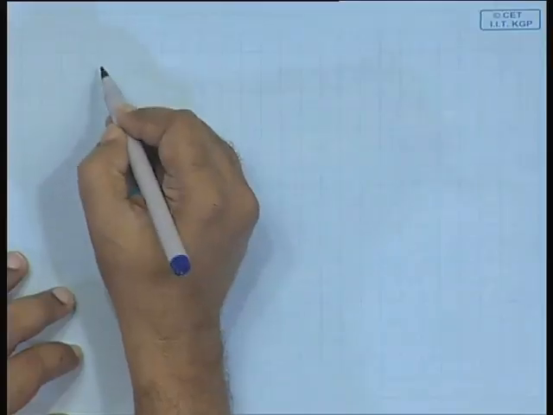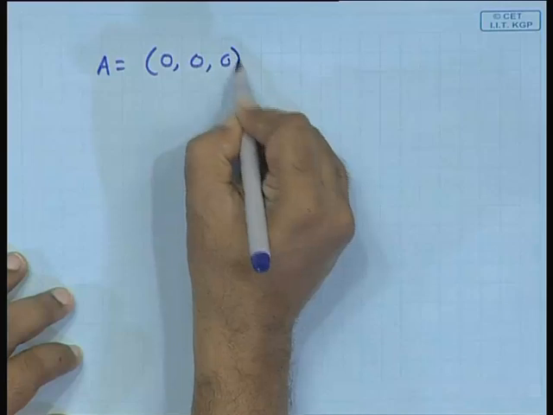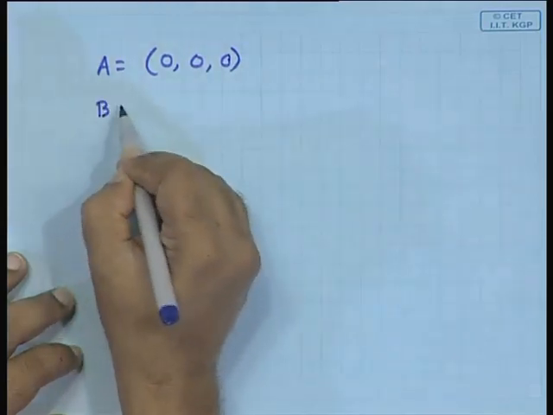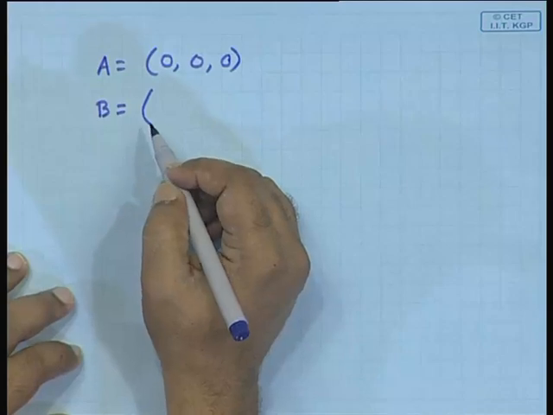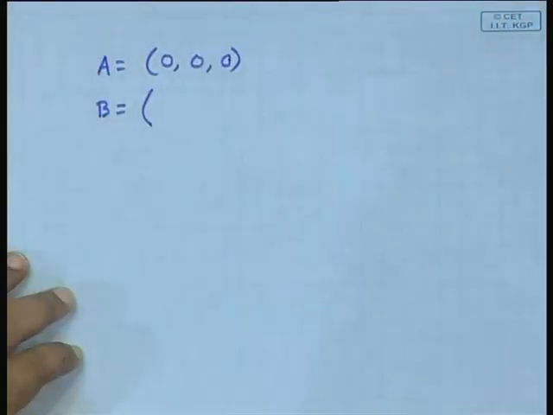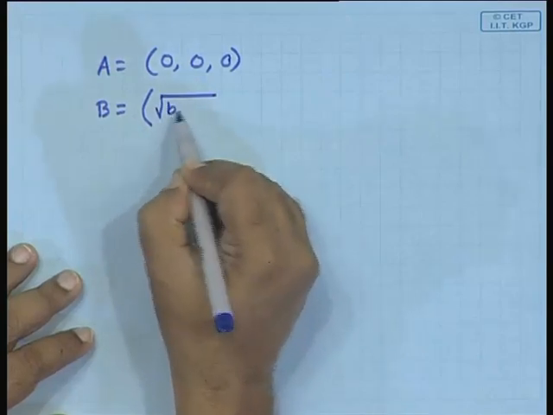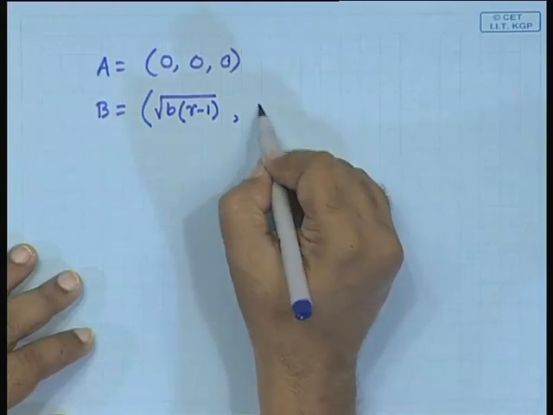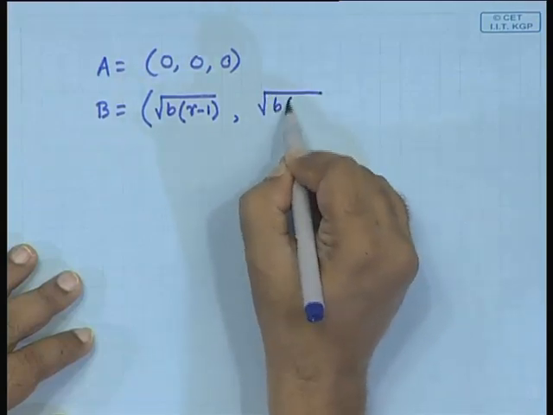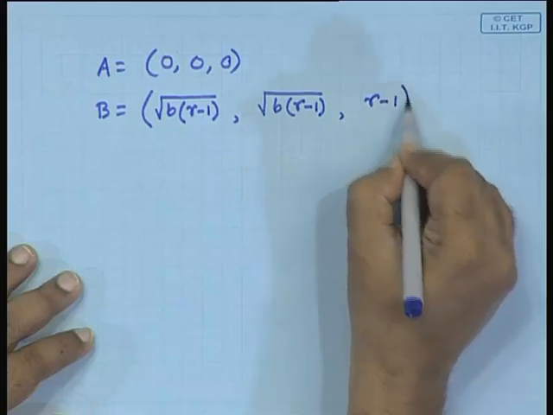Firstly, what are the other equilibrium points? There are 3 equilibrium points. A is 0 0 0. The other equilibrium points are, you have noticed that it is rather simple to work out, but in order to save your time, let me write them: root over b into r minus 1, root over b into r minus 1, and r minus 1.